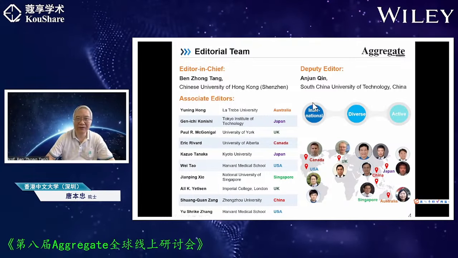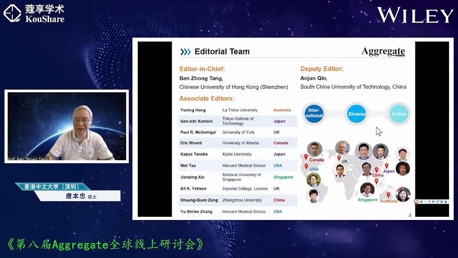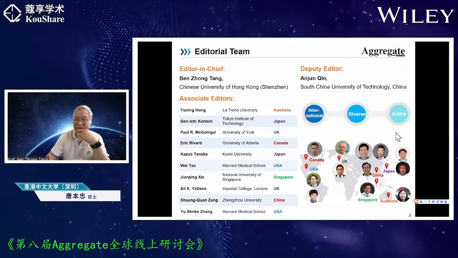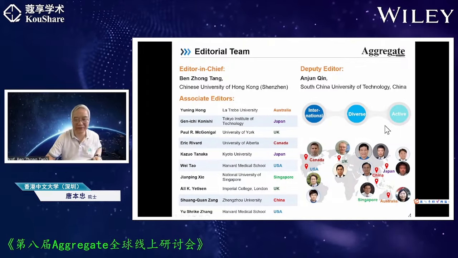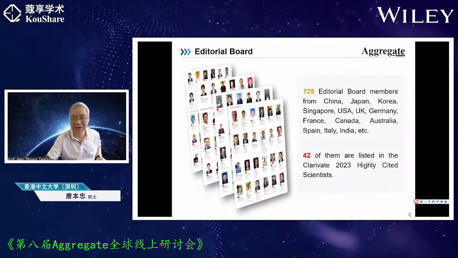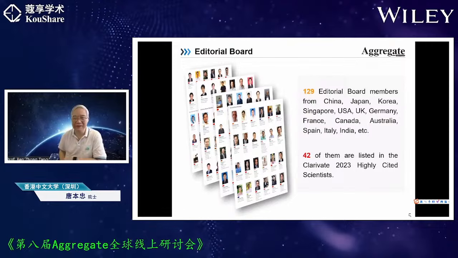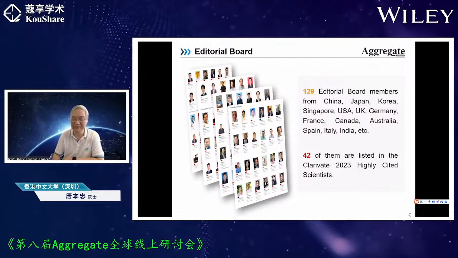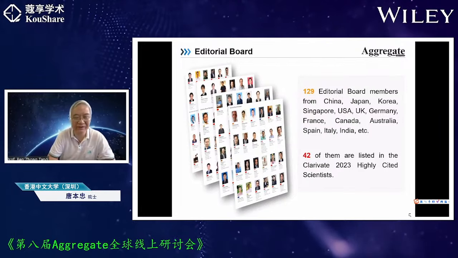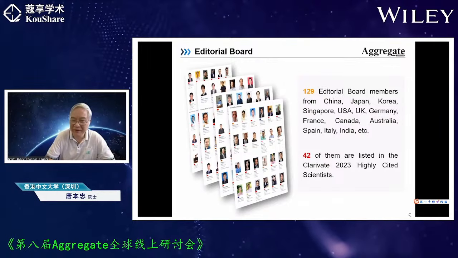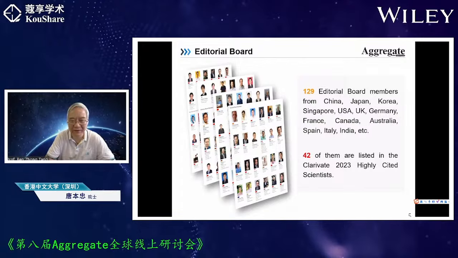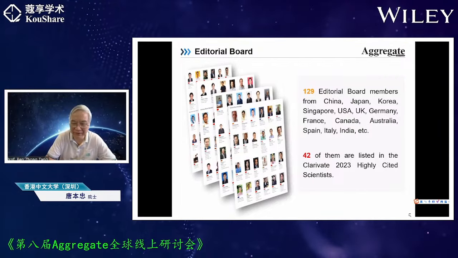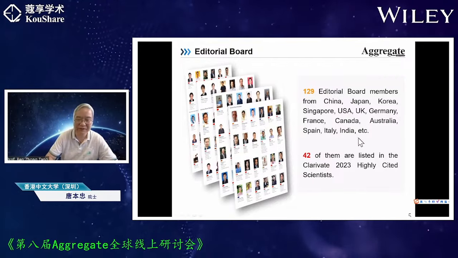The editorial team is international with diverse backgrounds, and as I just mentioned, they are all active researchers. Our editorial board is very big, about 130 people from China, Japan, Korea, Singapore, US, UK, Germany, France, Canada, Australia, Spain, Italy, India, etc. 42 of them are listed among the 2023 highly cited researchers.